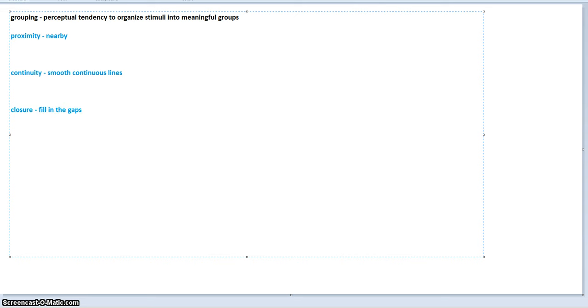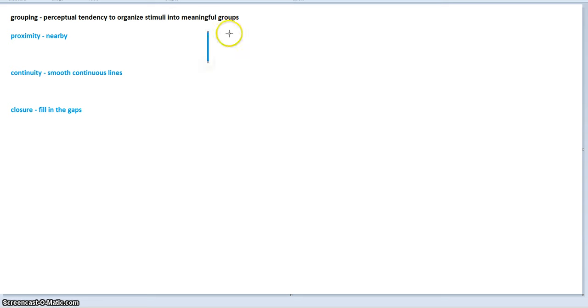So for my example of proximity, I'm going to do some drawing for you. If you have 3 or 4 lines like this, chances are in your mind you are grouping these 2 together and these 2 together. You are not seeing them as 4 complete lines. You're seeing it as 2 and 2.